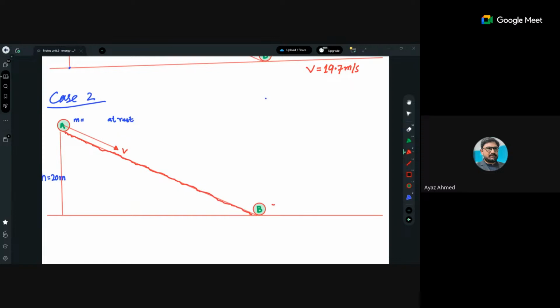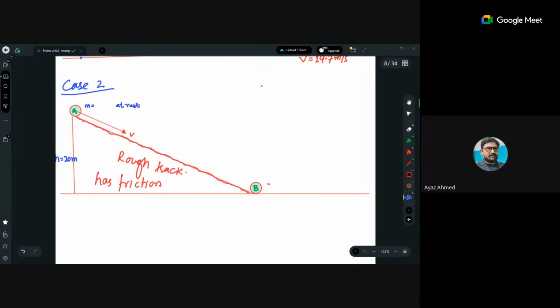Here. This is a rough track. So it has friction. When we consider all our calculations, if the speed of the ball is, I'm just going to give you that speed, suppose 12 meters per second when it reaches the ground.